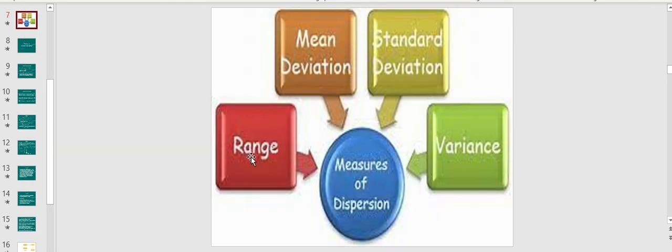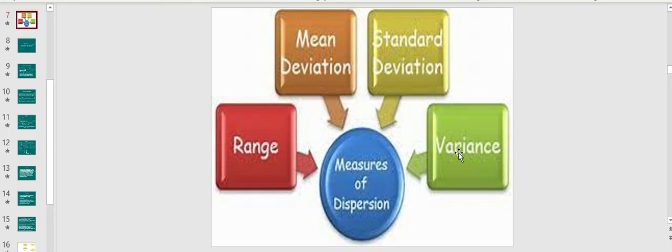First one was the range, second one the mean deviation, and then standard deviation and the variance. We have practiced all these methods of finding the variability or the dispersion of the given set of data.